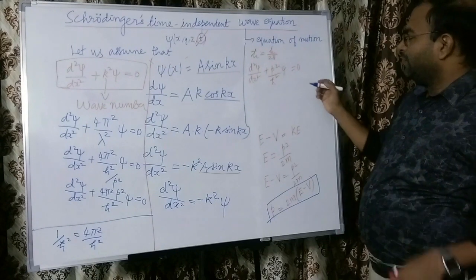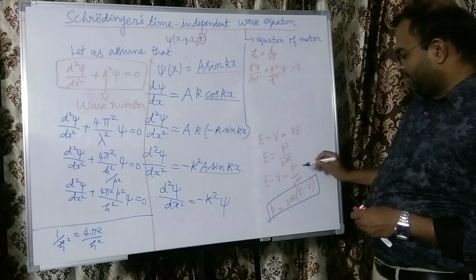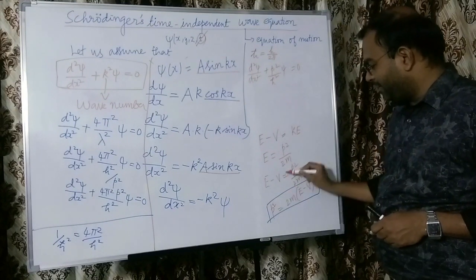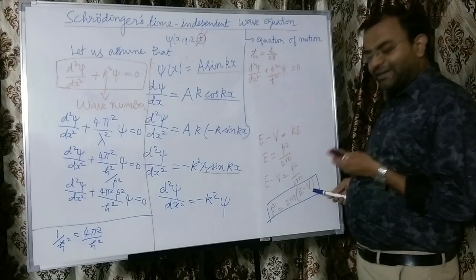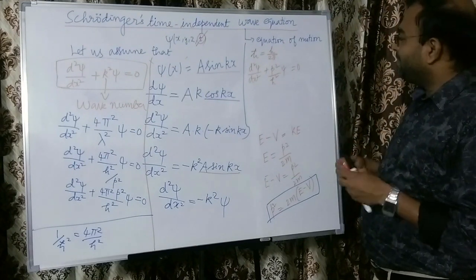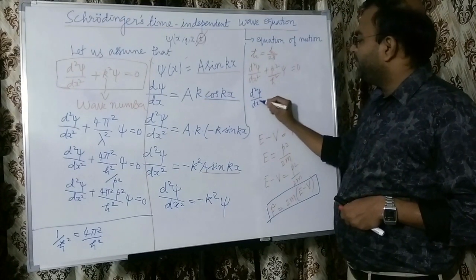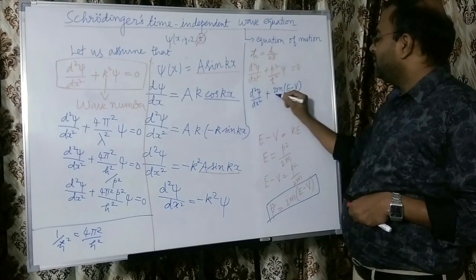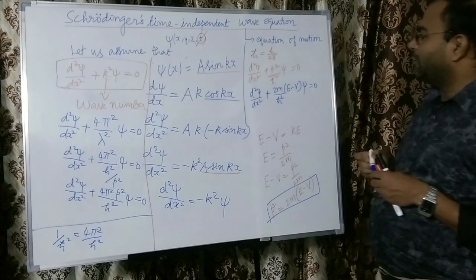Now p square is 2m multiplied by, from here, E minus V. So if E is the total energy and V is the potential energy of the particle, then we can write, instead of p square here, d square psi by dx square plus 2m E minus V by h cut square psi, of course, is equal to 0.